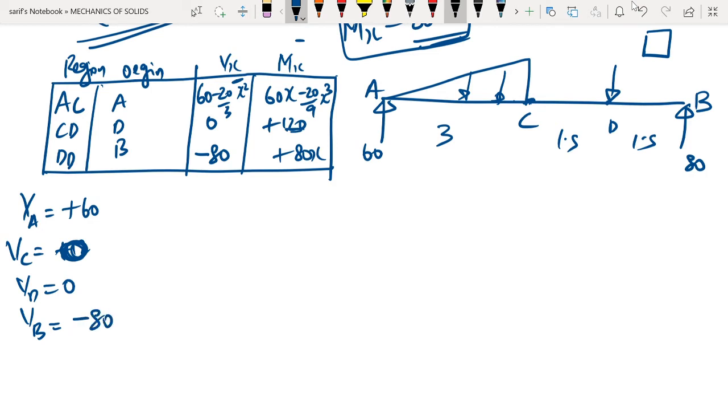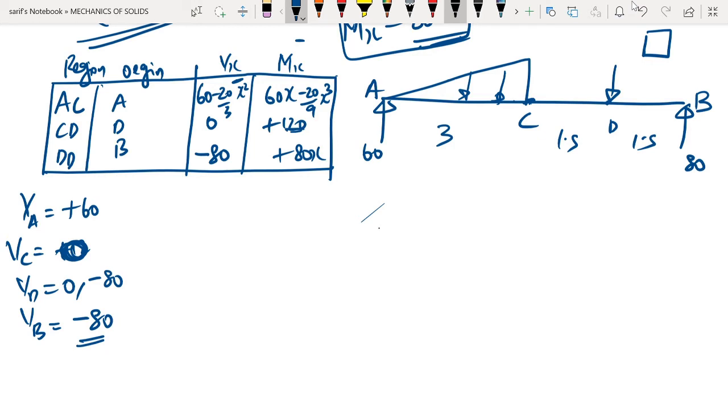Again, at the point D we are going to have two different values. It is a concentrated force and therefore we will have two different values of shear force. So from CD the value of shear force is 0 and from DB the value of shear force is minus 80.